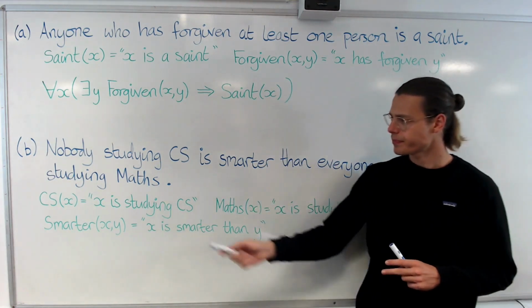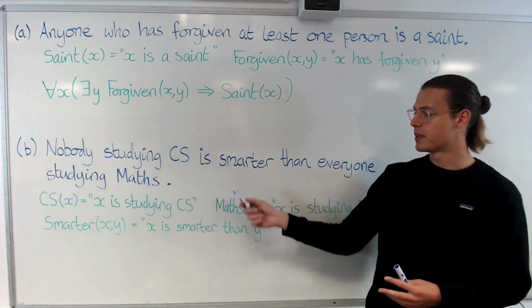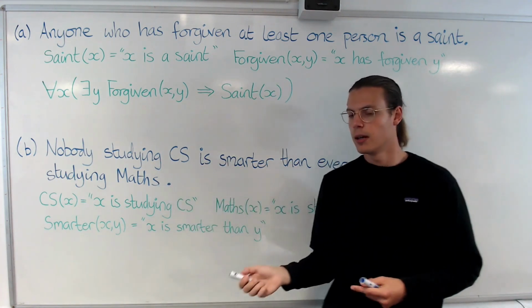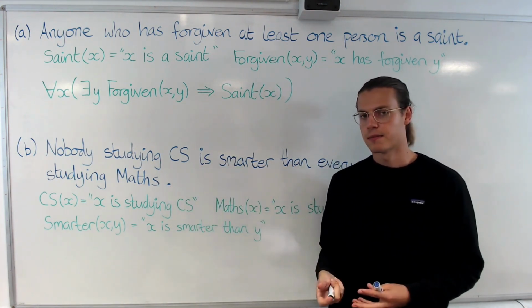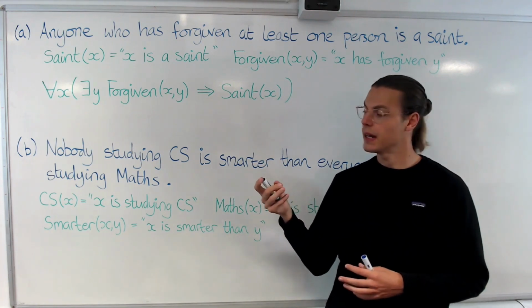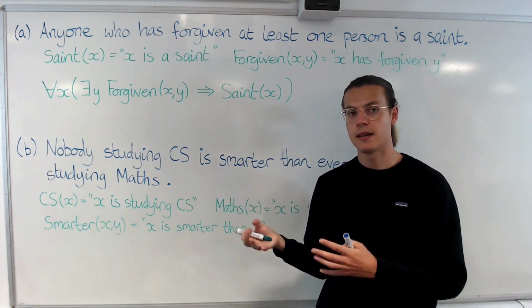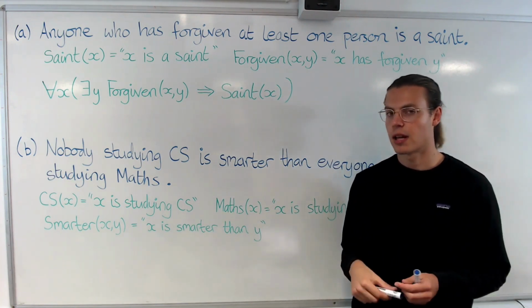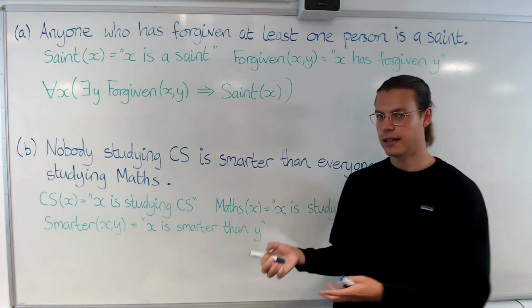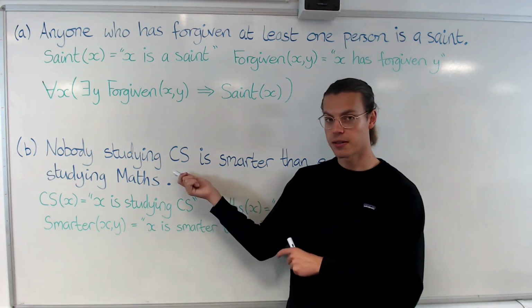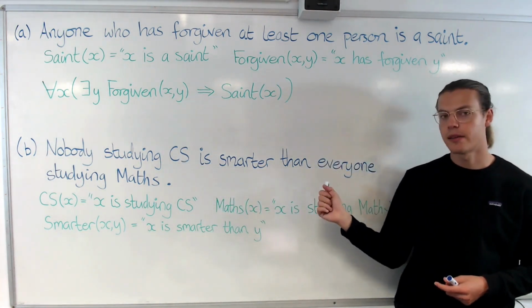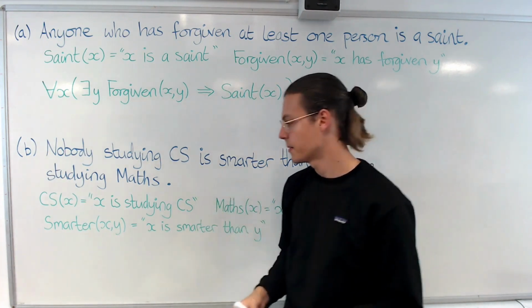Looking at the statement again, nobody studying computer science is smarter than everyone studying maths. Another way to say this is that there does not exist a person X such that X is studying computer science and X is smarter than everyone studying maths.